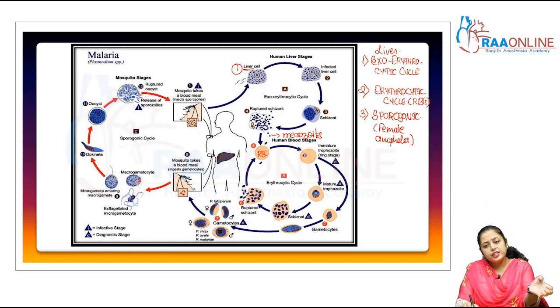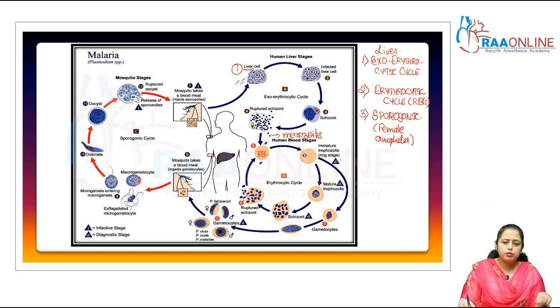Some trophozoites mature and transform into schizonts. And some ring stage cells form the gametocytes, right? These gametocytes are again sucked up by the female Anopheles.